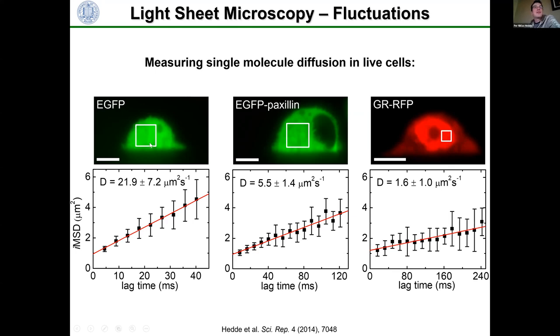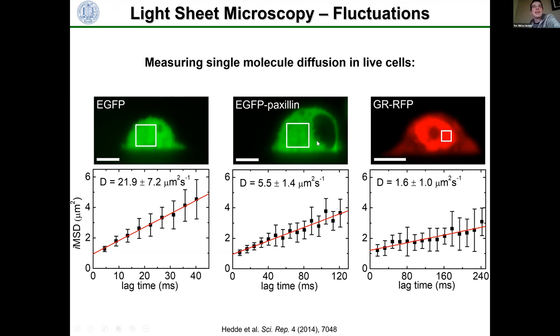In this region, we applied the image mean square displacement. And you can see we get about 22 micrometers square per second, which is what you were also getting with other methods like RICS, single point FCS, and so on. Then we have our EGFP paxillin that you have seen in the previous movie, and we are getting about 6 micrometers square per second of diffusion in the cytoplasm of the cell.